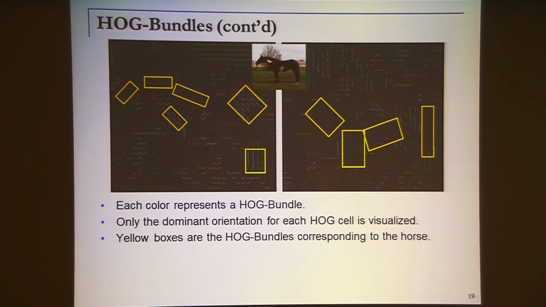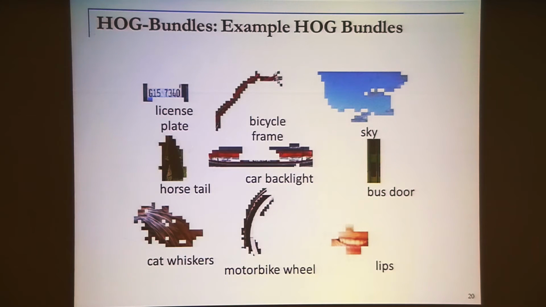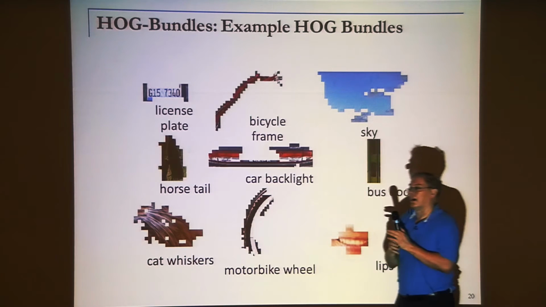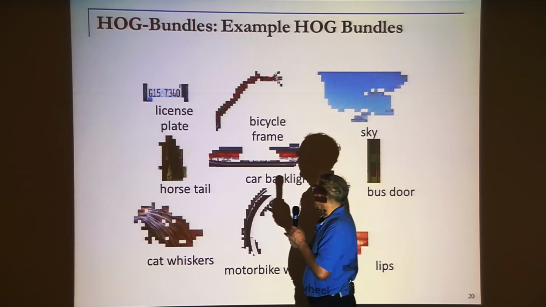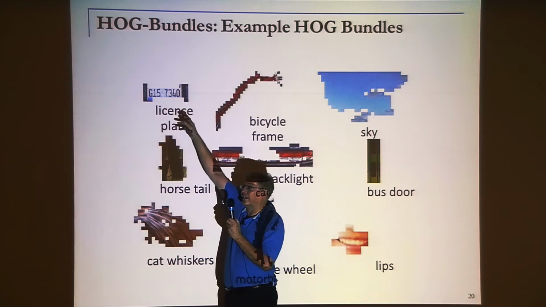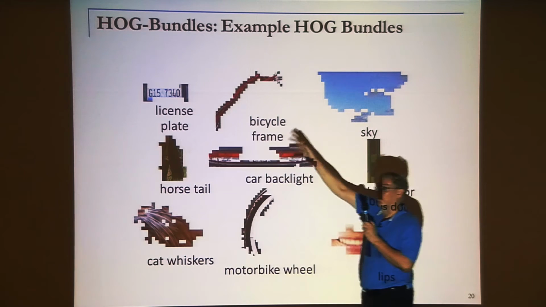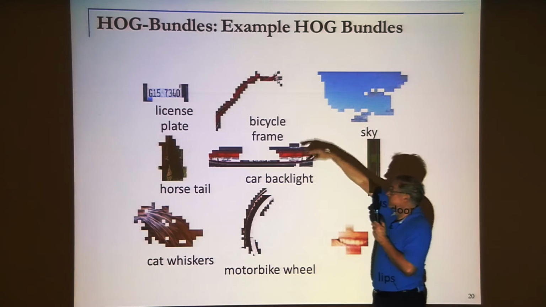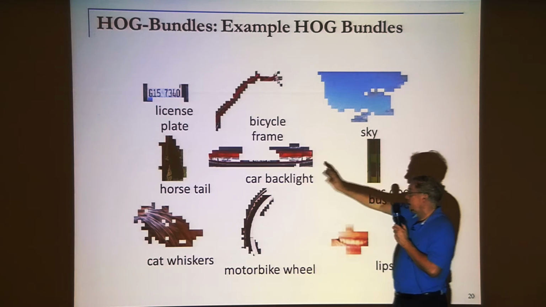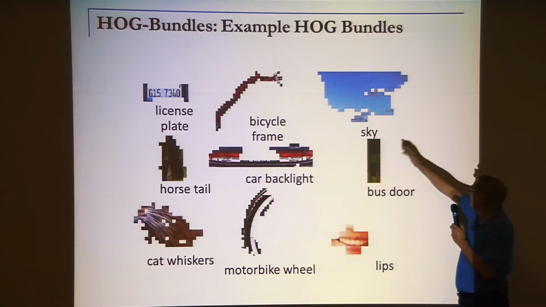Okay, so this is just to show that some of the Hog bundles do sort of correspond to something nice in the image. So a Hog bundle, in fact, that whole thing, license plate, would come out as a Hog bundle. Bicycle frame would come out, horse tail, cat's whiskers, motorcycle wheel, sky, etc.